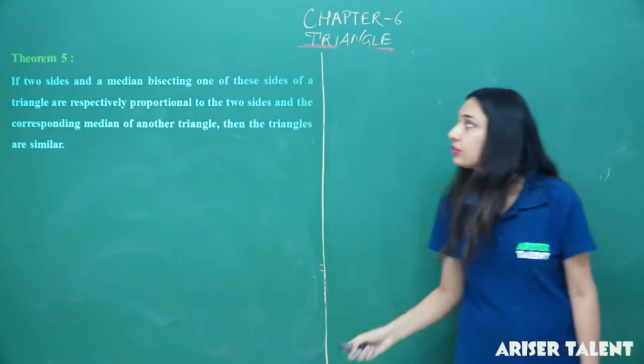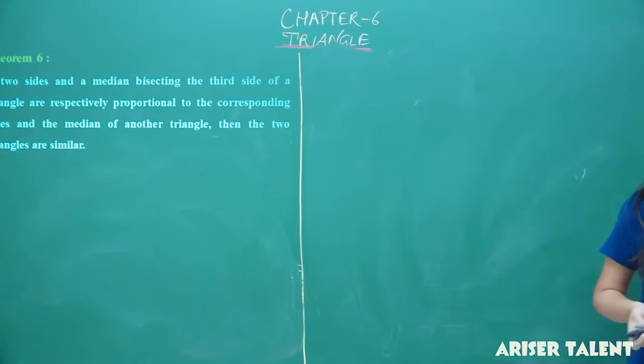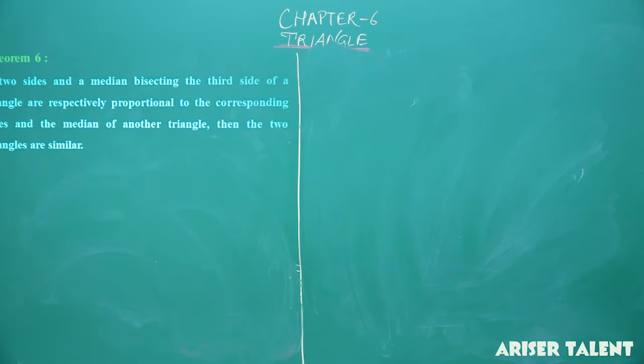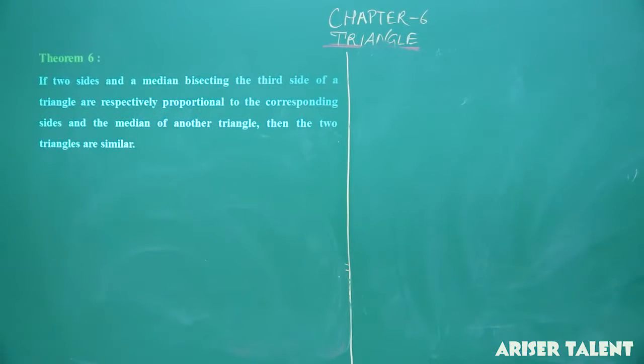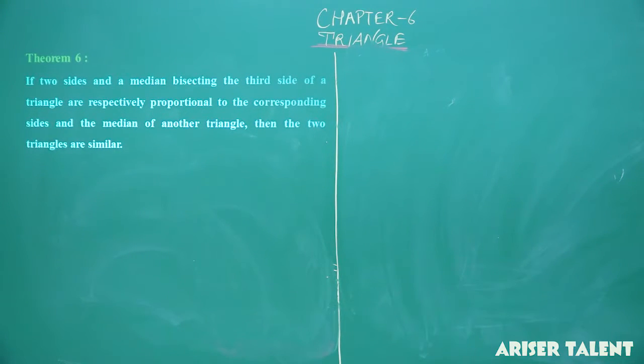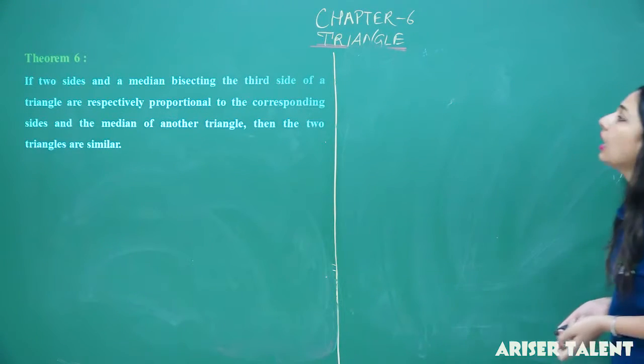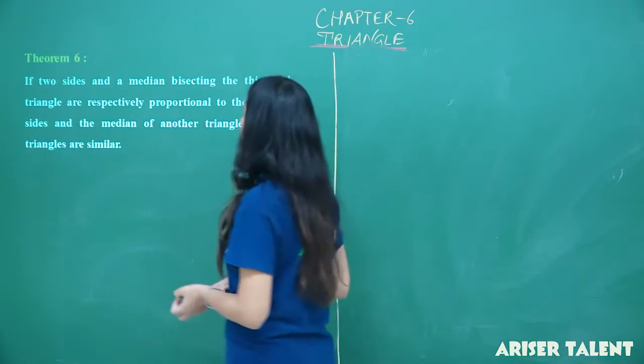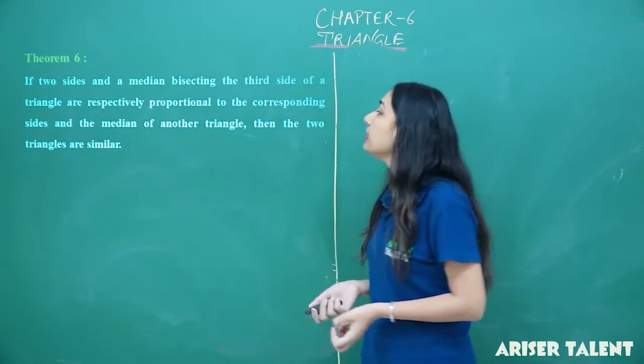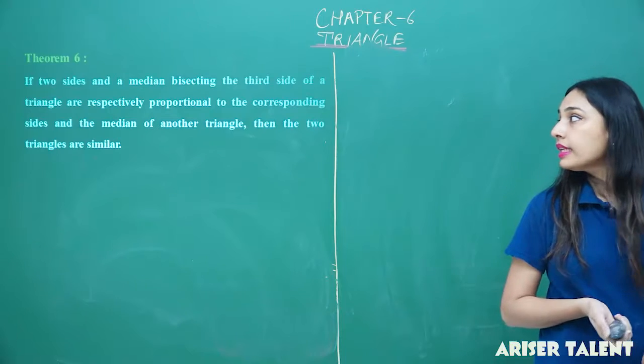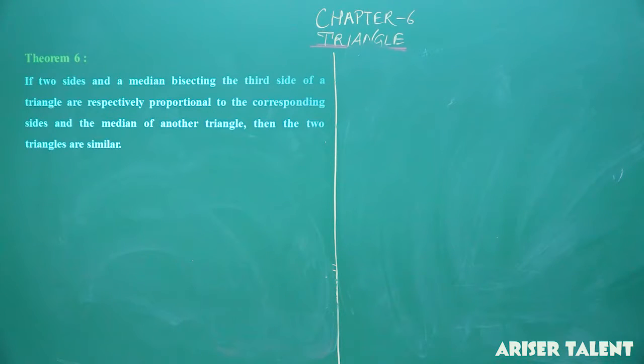Now, our next question is Theorem 6, which is: if two sides and a median bisecting the third side of a triangle are respectively proportional to the corresponding sides and the median of another triangle, then the two triangles are similar.